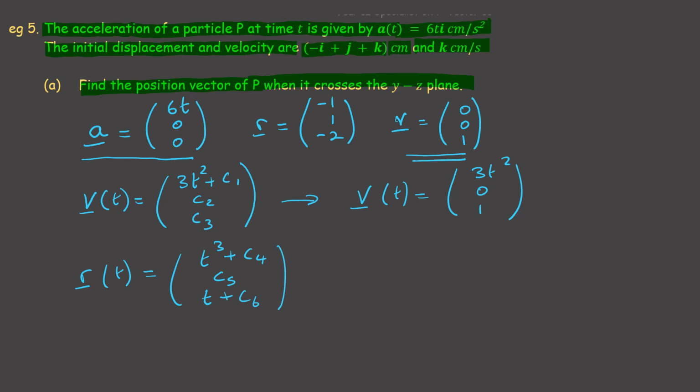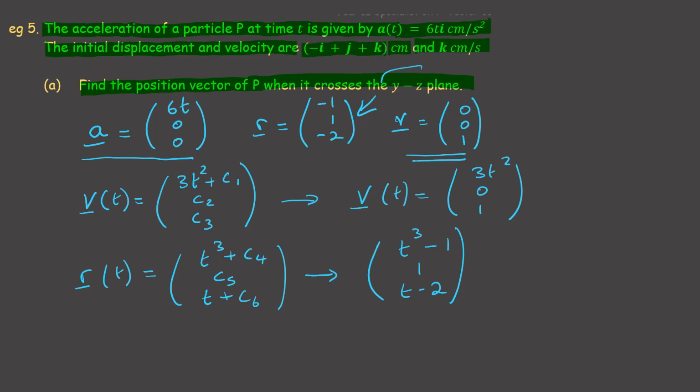That was integrating the 1. Now, because we know this, that tells us c4 is negative 1, c5 is 1, c6 is negative 2. So we get (t cubed take away 1, 1, t minus 2).